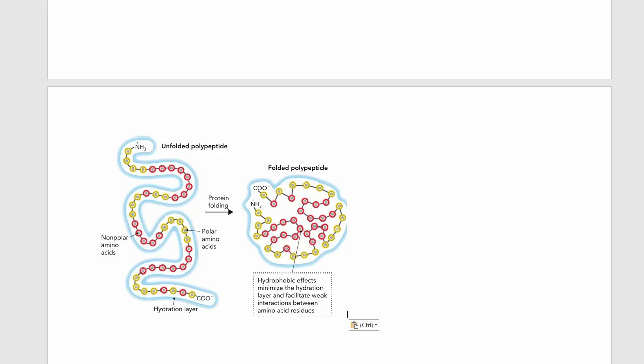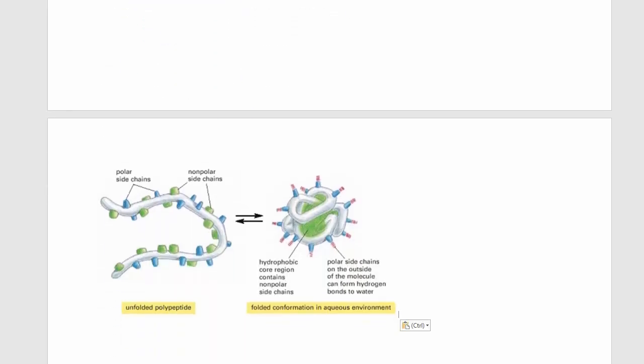However, when these unfolded polypeptides start to form into the tertiary and quaternary structures, their conformation in an aqueous solution, so in water, will have the hydrophobic region, the region that doesn't like water, form inwards, and the polar side chains are on the outside, the ones that like water, and they can form bonds with water.